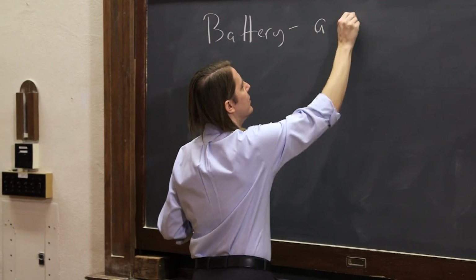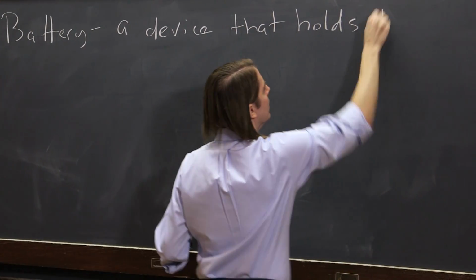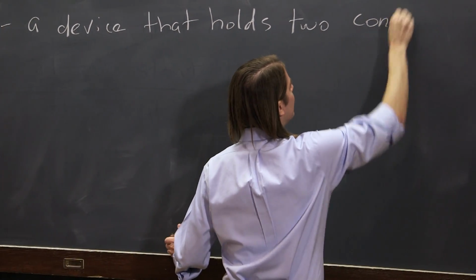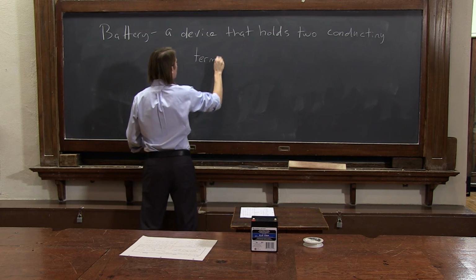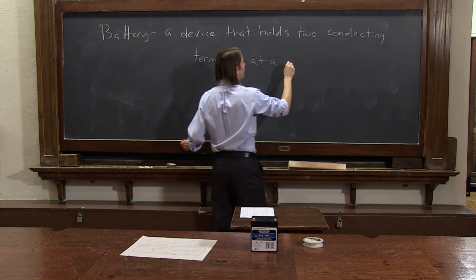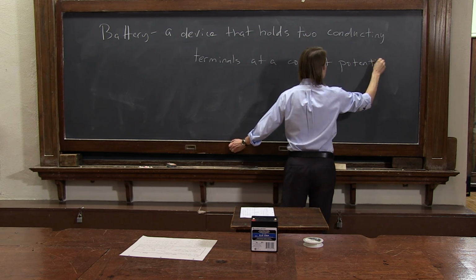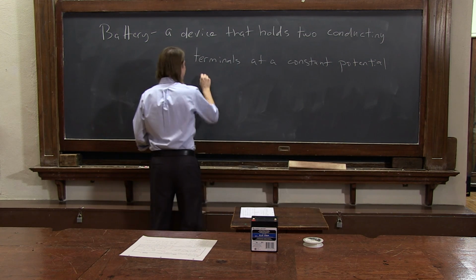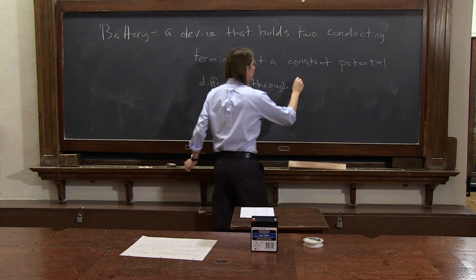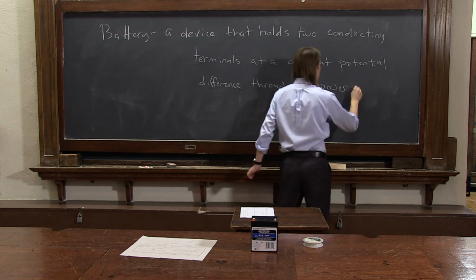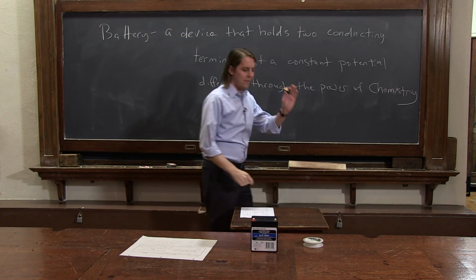A battery is a device that holds two conducting terminals at a constant potential difference through the power of chemistry. That's all that's going on.